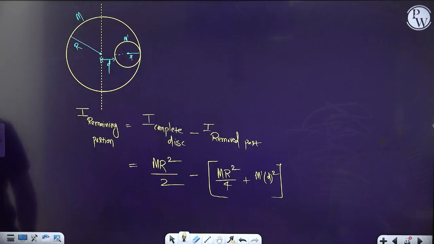Just check how many of you understood. Any complication here?